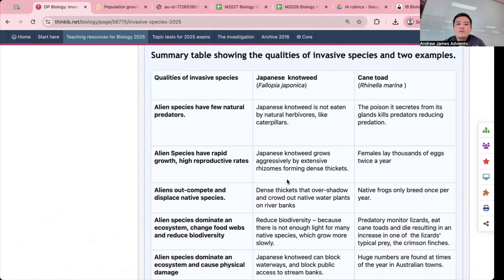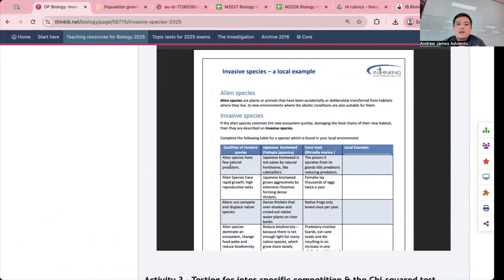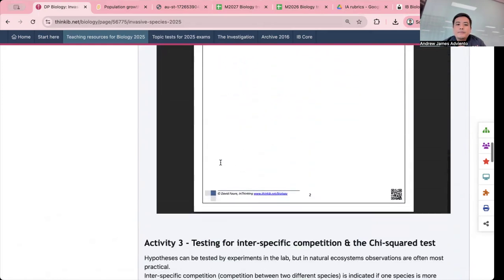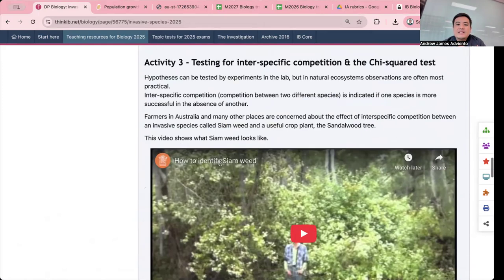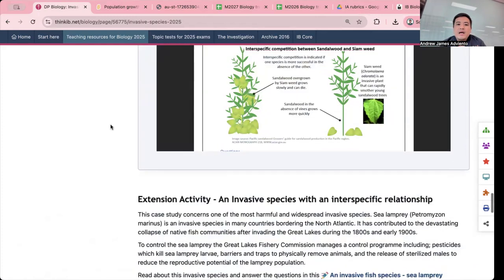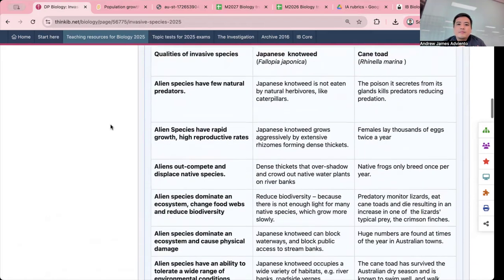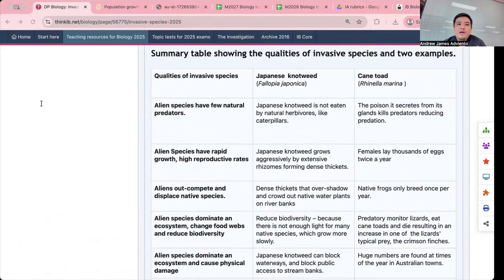There are a few examples that we can look at. We have kudzu. This is a vine. This was introduced in the US for erosion control.